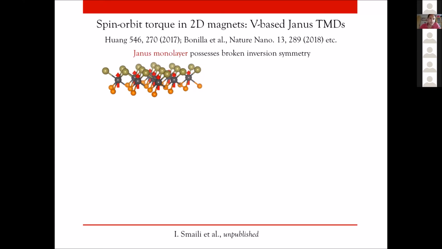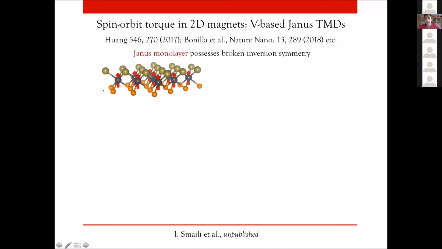I'm sure you're all aware of the burst in two-dimensional materials, especially magnetic two-dimensional materials. There's a lot of debate, but let's put the debates aside and just look at the spin-orbit physics of those systems. So what we do is that we take vanadium dichalcogenide.